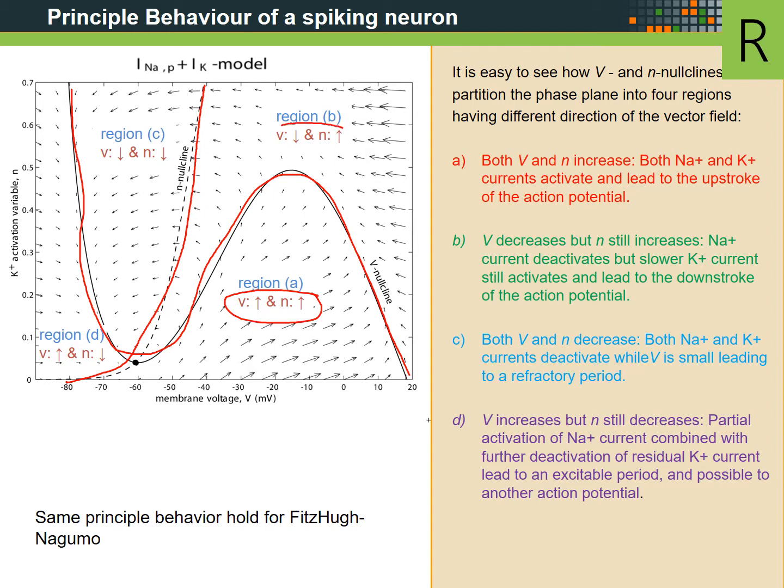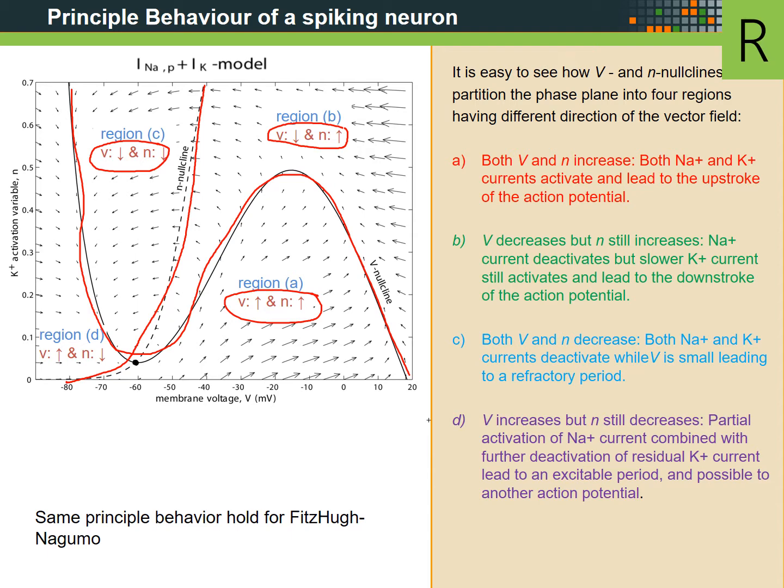In region B, the voltage is decreasing, but n is still increasing, which is the initial phase of the downstroke. Region C is the after hyperpolarization, where the voltage is still decreasing, but n starts to decrease as well. And last but not least, region D corresponds to the phase where the neuron is sensitive to new input.